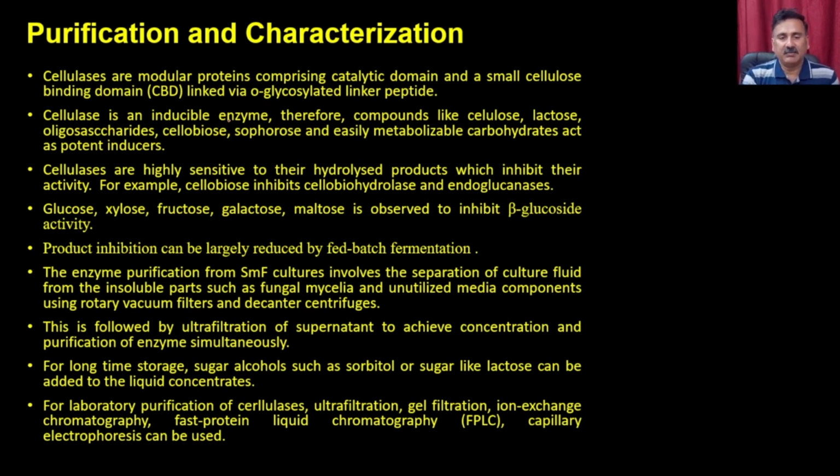Cellulase is an inducible enzyme, therefore compounds like cellulose, lactose, oligosaccharides, cellobiose, sucrose, and easily metabolizable carbohydrates act as potent inducers. Cellulases are highly sensitive to their hydrolyzed products, which inhibit their activity. For example, cellobiose inhibits cellobiohydrolase and endoglucanase.